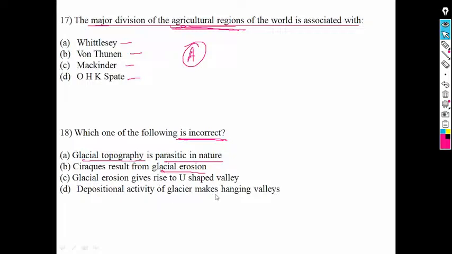Depositional activity of glacier makes hanging valley. No, this is wrong. Not depositional activity, erosional activity of glaciers gives rise to hanging valley. This one is incorrect. So the answer is D.